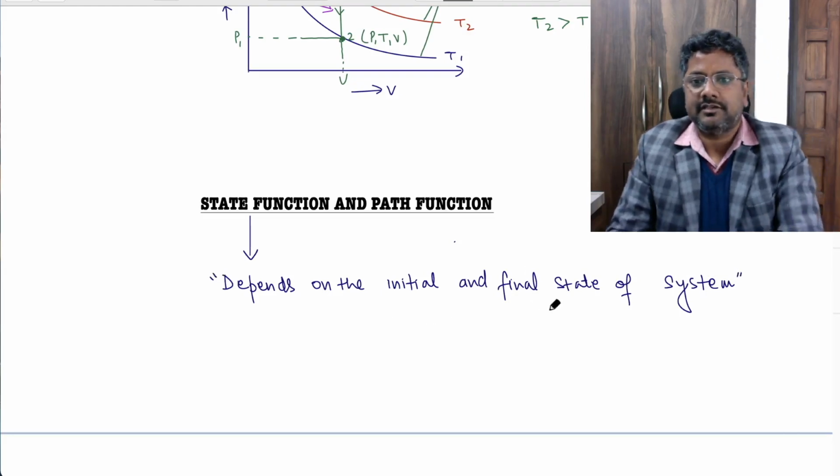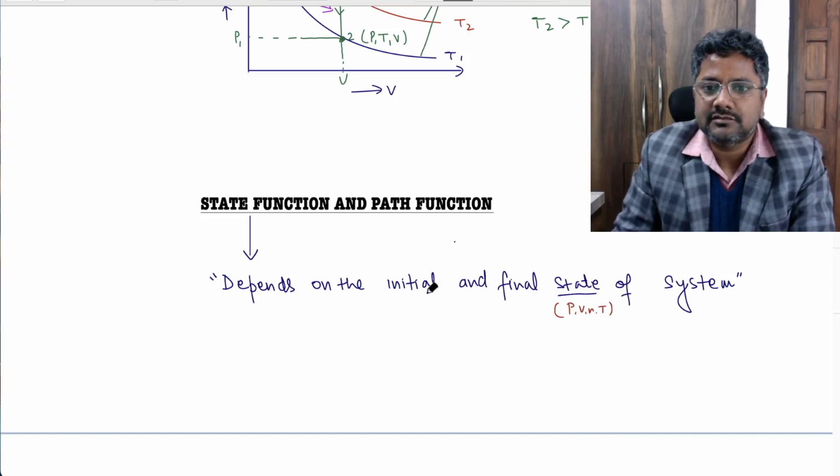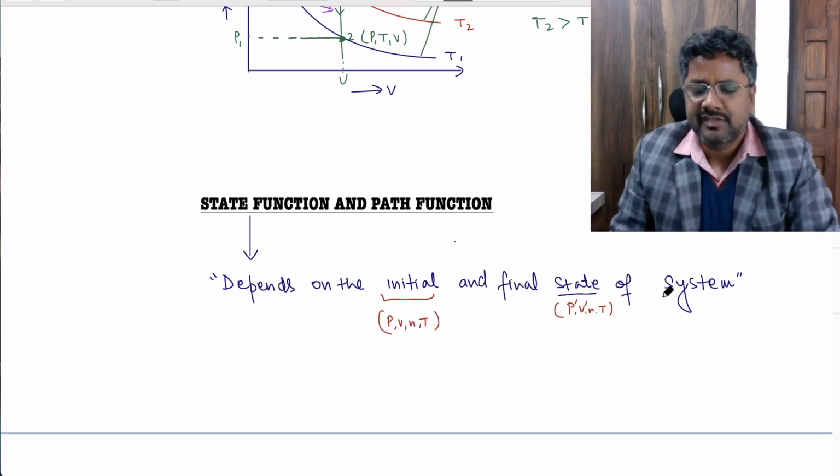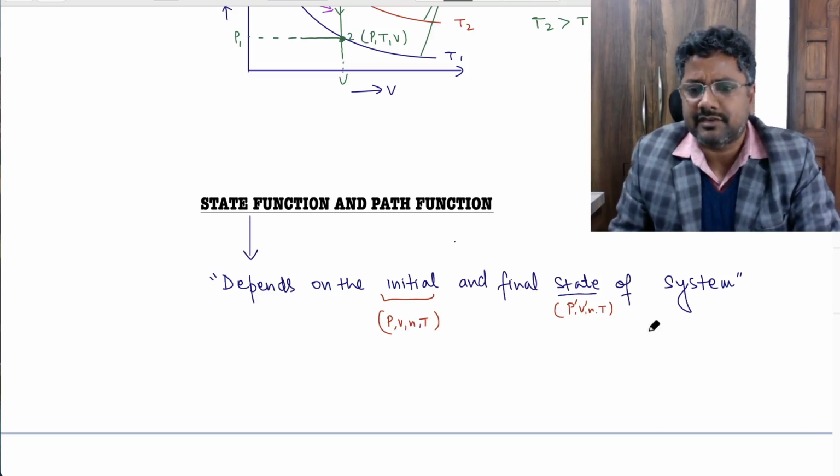And final state means final value of P, V, N, and T. And initial state means initial value of P, V, and T. P, V, and T, and P dash, V dash, and T dash, or P dash, V dash, N dash, T dash, all four variables may change.